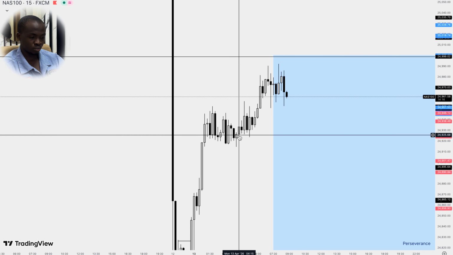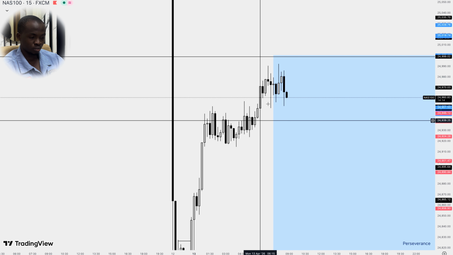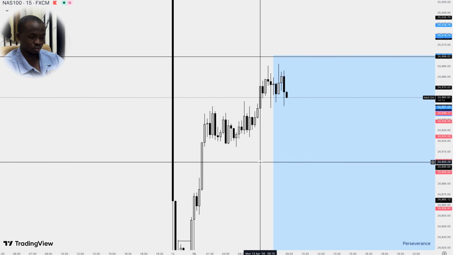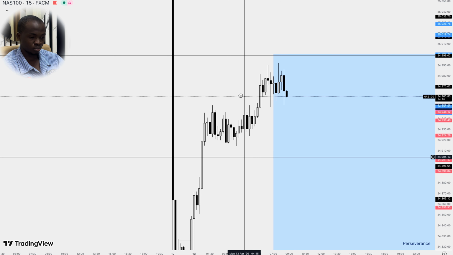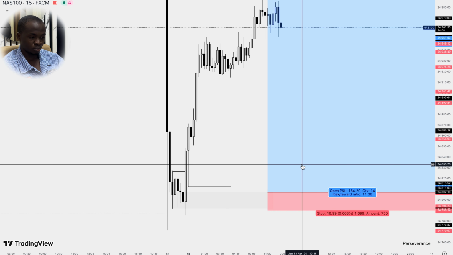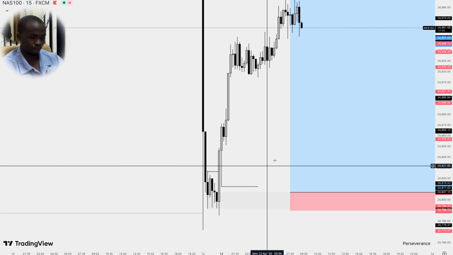So if price created another point of interest around this level, I'm more likely to still wait for price to come down to this first point of interest, because that is what will happen most of the time in the market. So it's just a confluence that I use to actually take my trade.